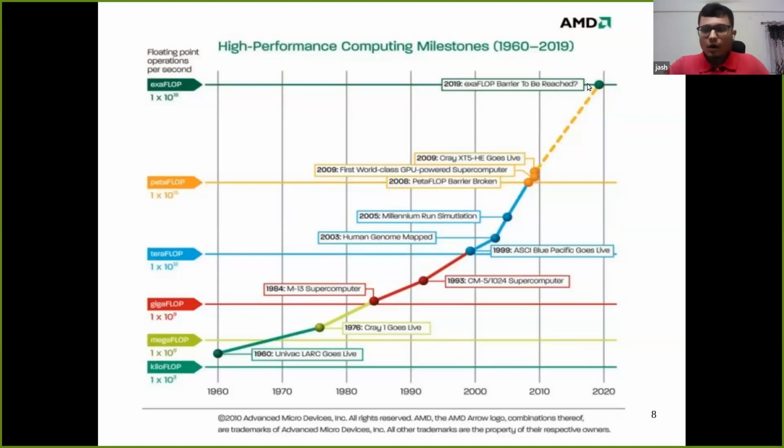During the 1980s it was like 100 megahertz. But can anyone tell me what is the clock frequency of the CPUs we have nowadays? For GPUs it will be even lower, but for a CPU, what is the generic clock frequency?